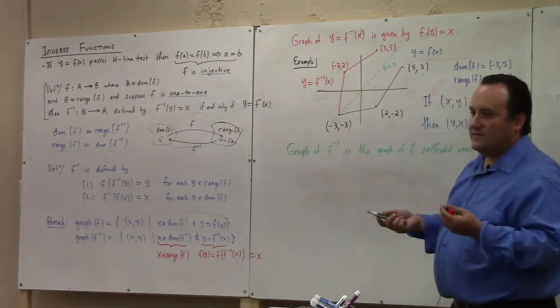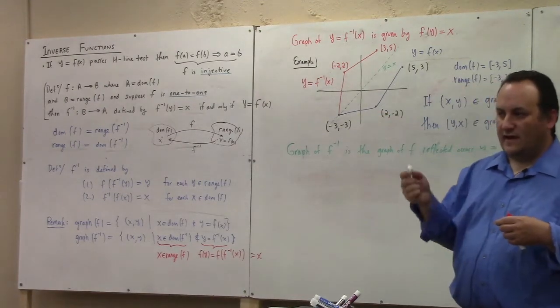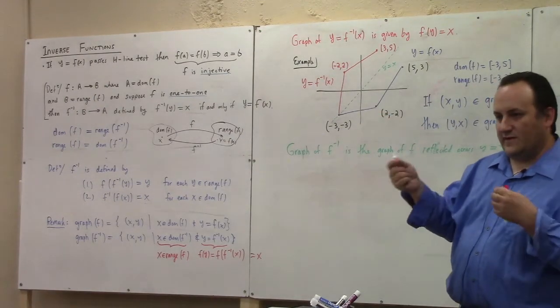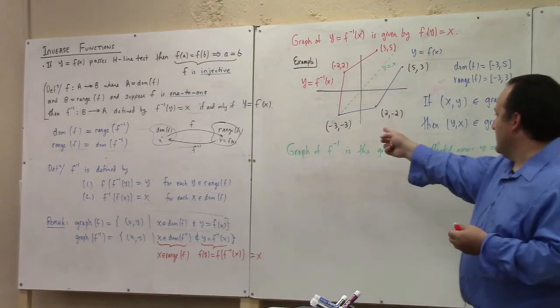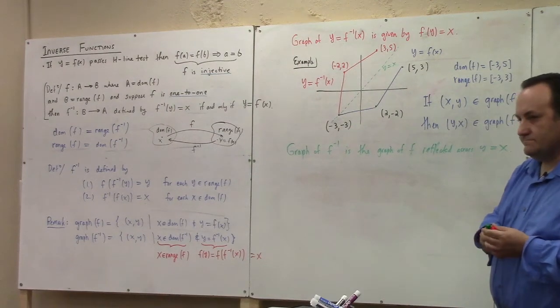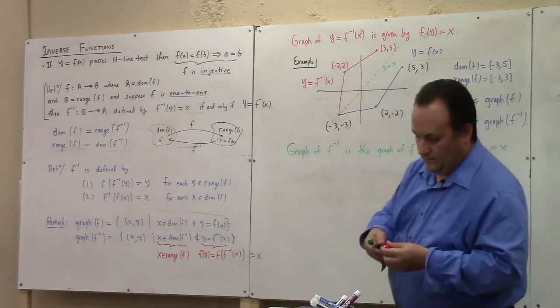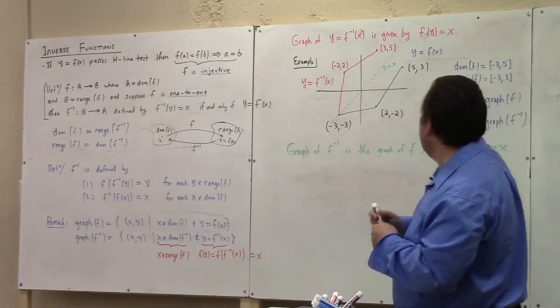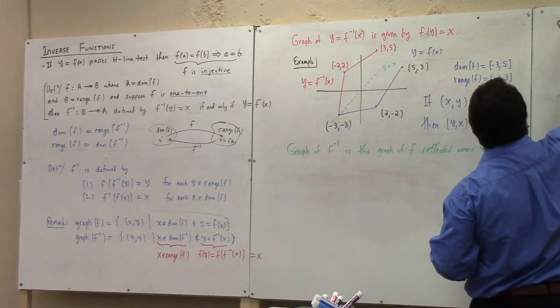So one of the things that means in particular is if your function happens to cross the line y equals x, any point where it crosses will be fixed. That's also going to be a point in the inverse graph. In this case, minus 3, 3, that happened. Okay? So let me show you another example graphically. And then I'll get into the formula stuff, okay?